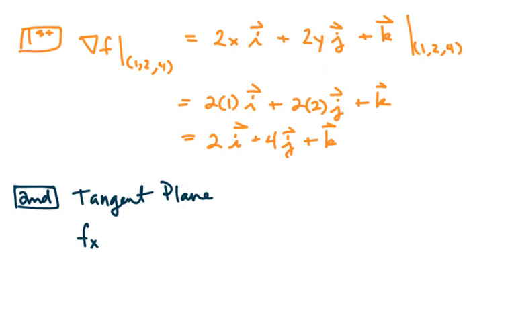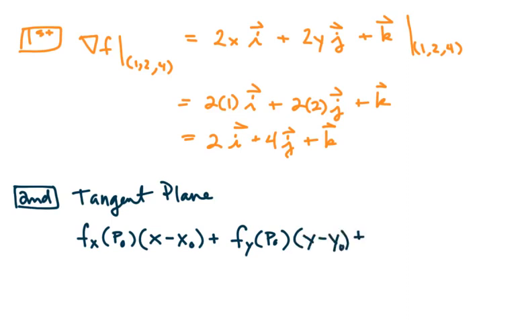So I have the partial of the function with respect to x at the point times x minus x naught, partial with respect to y times y minus y naught, plus the partial with respect to z times z minus z naught, and of course that's equal to 0.